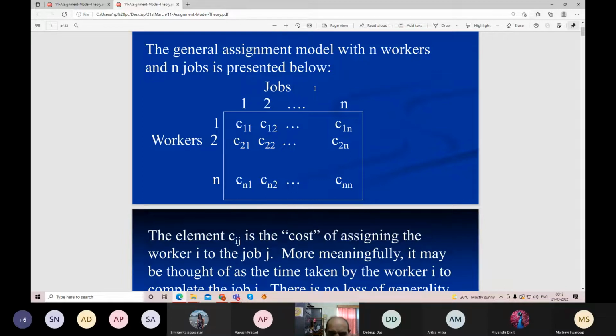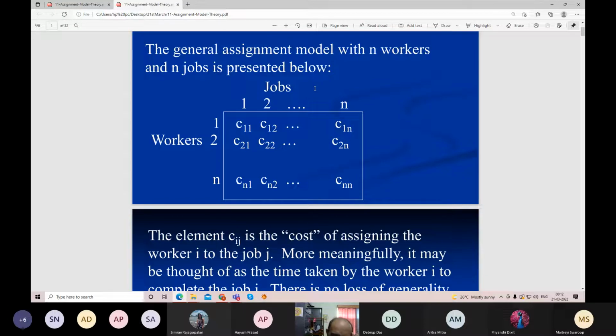So the unknown variables xij are binary, either 0 or 1. In the transportation problem, these xij were integer variables. But here all are binary.